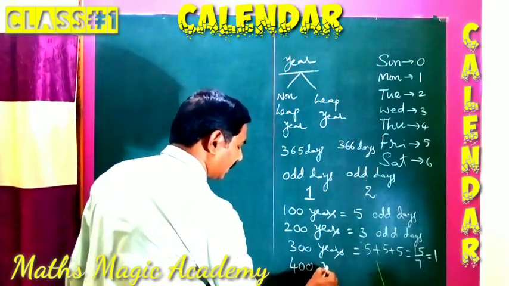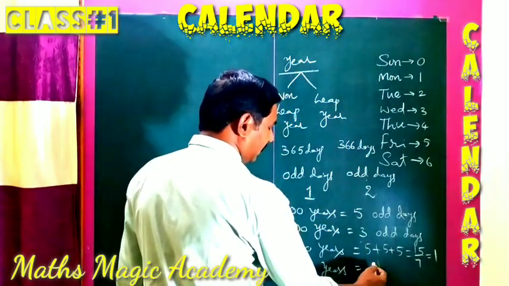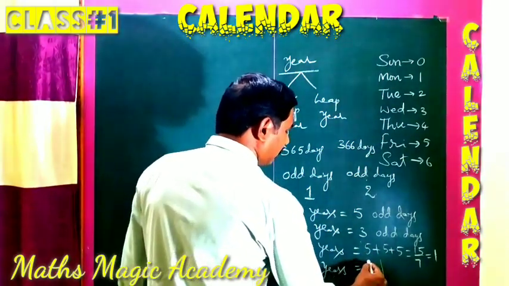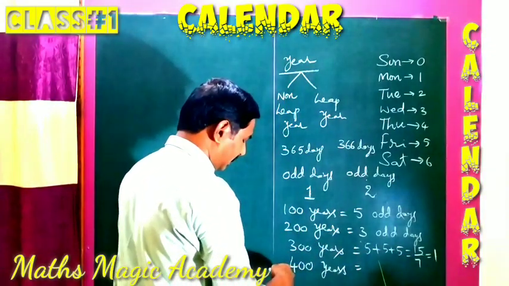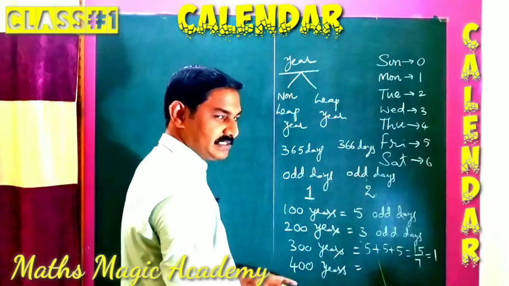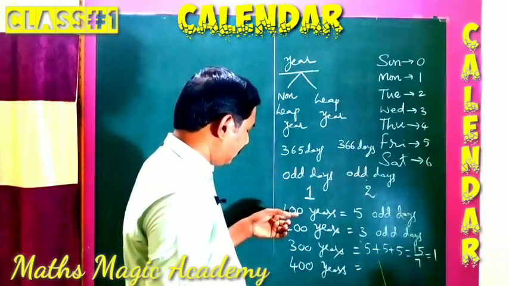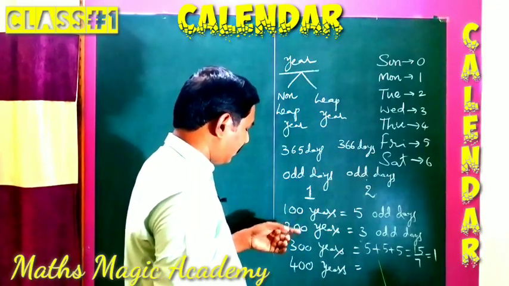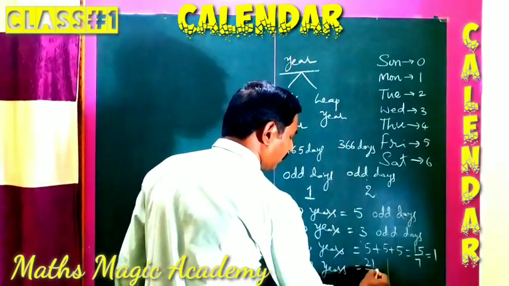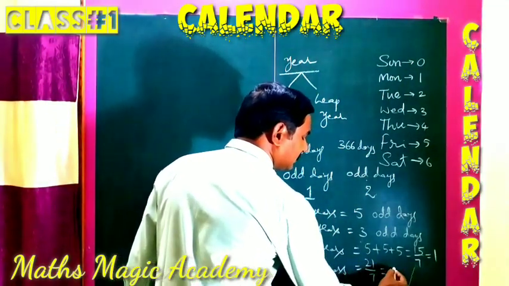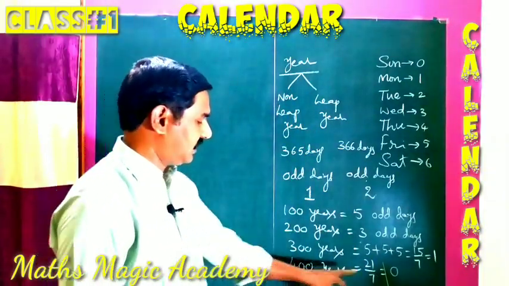And if you go for 400 years, there will be 5 plus 5 plus 5 plus 5 plus 1, because 400 is a leap year, that we have to consider. If it is a non-leap year, that is different, but for 400 years, that is 21 by 7, the remainder is 0. So the number of odd days for 400 years is 0.